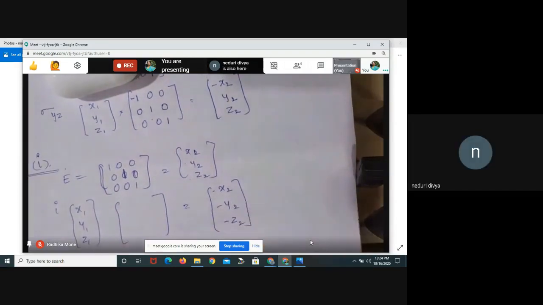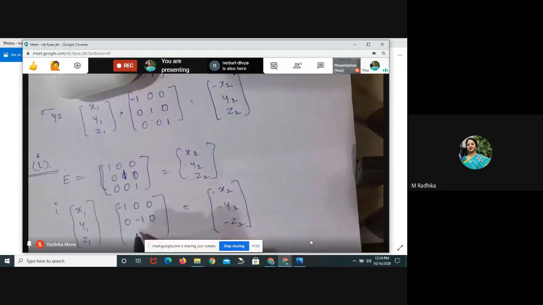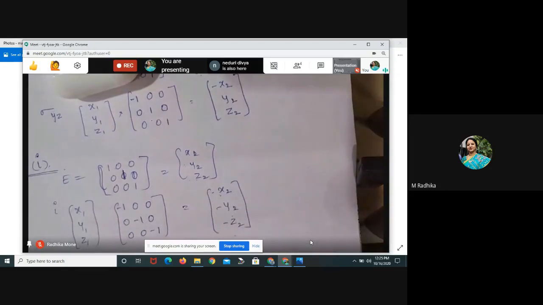Minus 1, minus 1, minus 1. So what should I do? Minus 1, 0, 0; 0, minus 1, 0; 0, 0, minus 1. So everything is same. Only thing is, in the diagonal elements I should put minus 1. Then exactly I will get back this. That is, the x coordinate is reversed, in the y also it is reversed, as well as in the z also it is inverted.